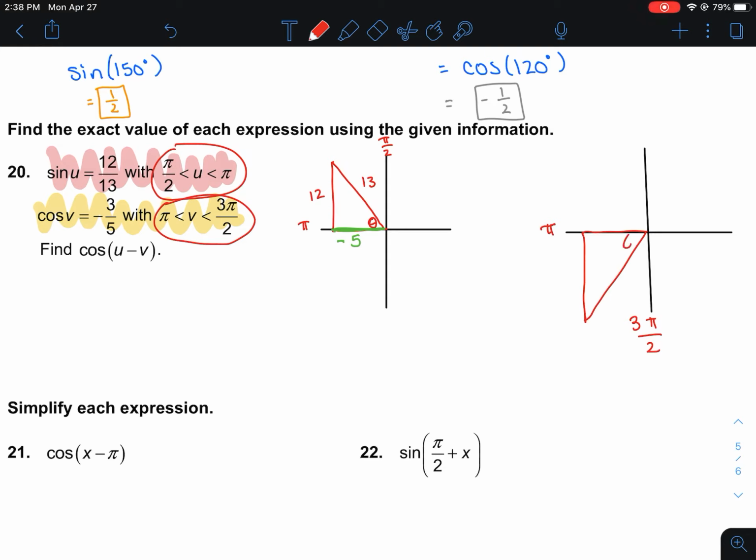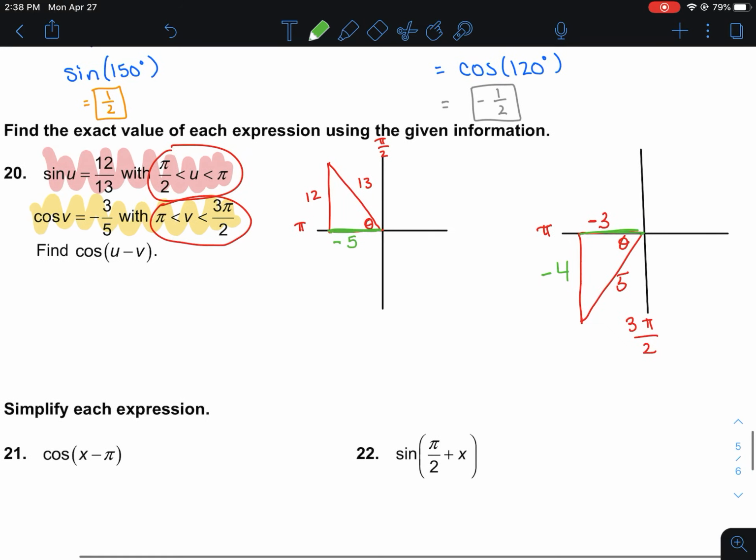So cosine is adjacent over hypotenuse, and the 3 is going to be negative because in quadrant 3, that piece is negative. Our hypotenuse is always positive. Doing Pythagorean theorem would give me a length of 4 here, but again, since that's quadrant 3, that's going to be a negative 4.